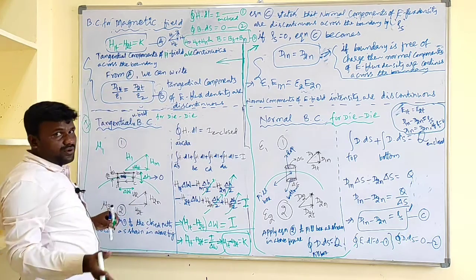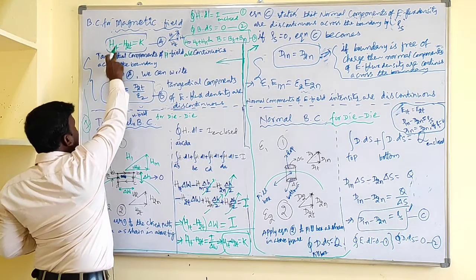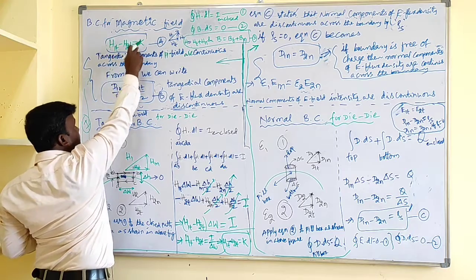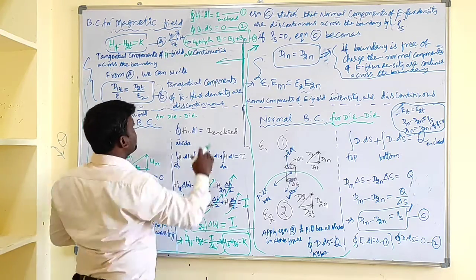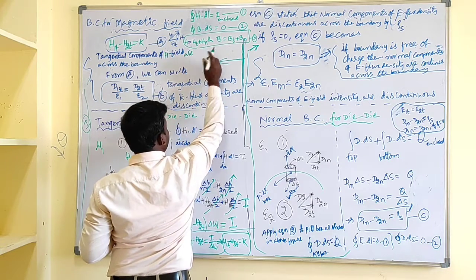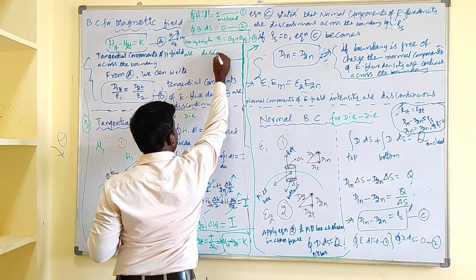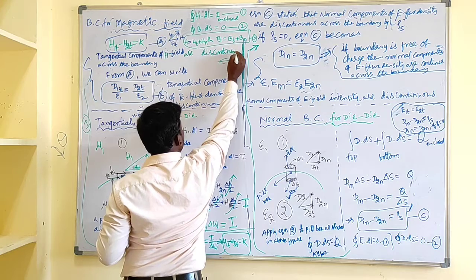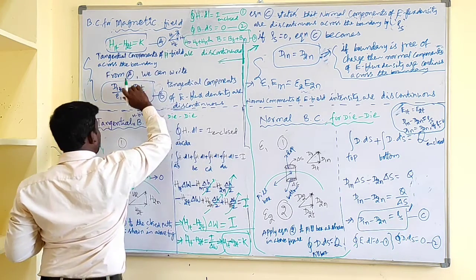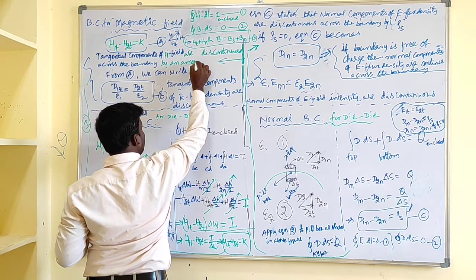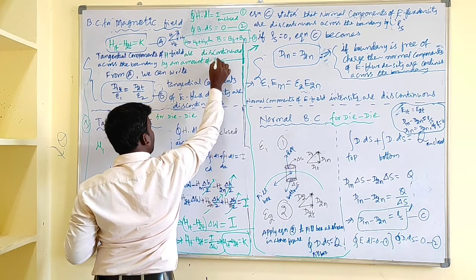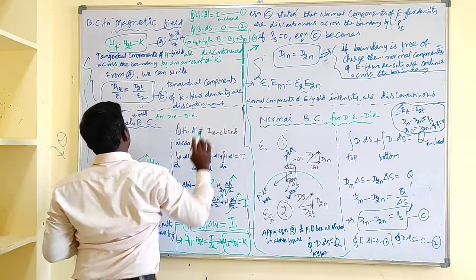Continuous means they are equal on both sides, but here there exists some difference, that is H1T minus H2T equal to K. It means they are discontinuous across the boundary by an amount of K, that is surface current. Okay.